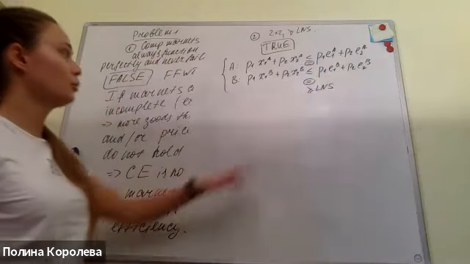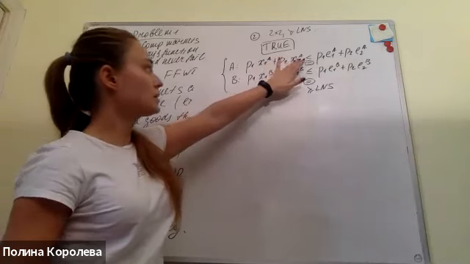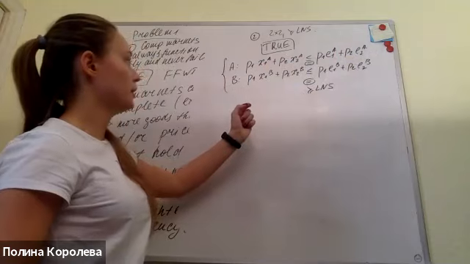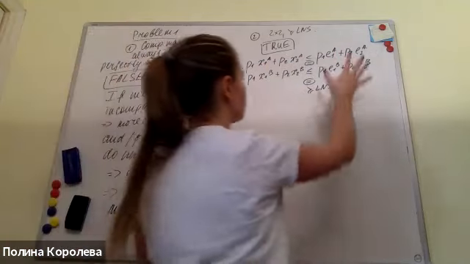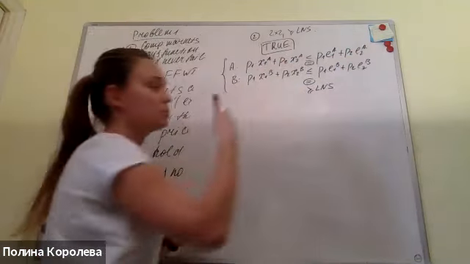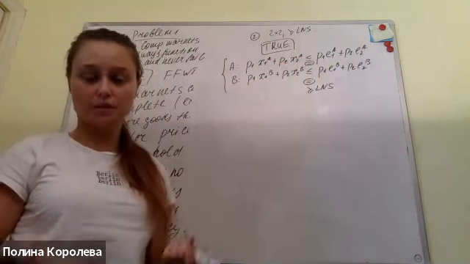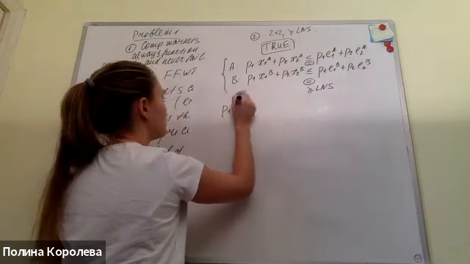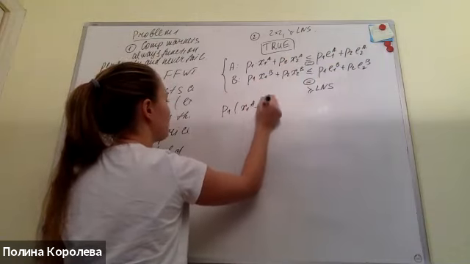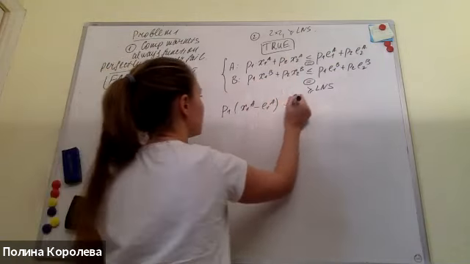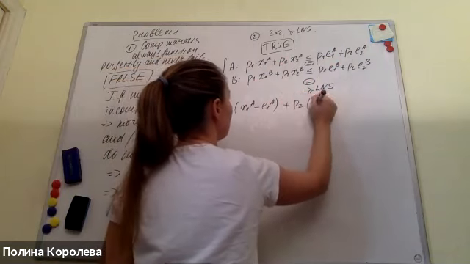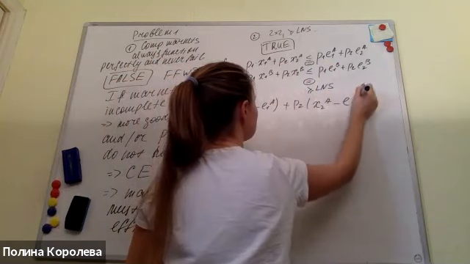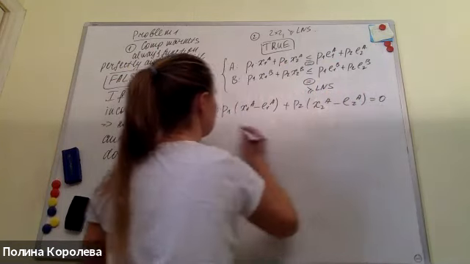And then we have demands here and endowments here. If we move everything from the right side to the left side, we will find excess demands. Yes, let's do it. P1 times (x1a minus e1a) plus P2 times (x2a minus e2a) should be equal to 0.